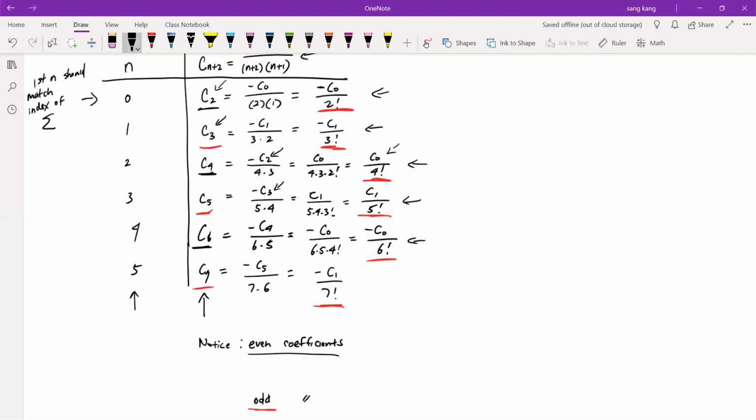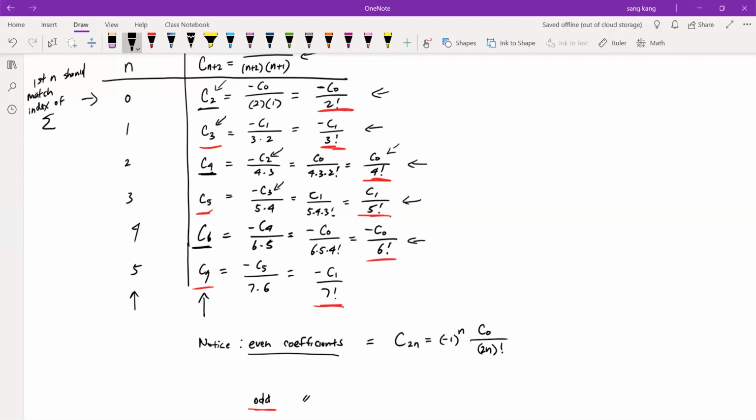So this should be written as C to the 2n, since it's even. This should equal negative 1 to the n to alternate signs. They're all in terms of C0, and the denominator are even number increments of factorials, right? So it'll be 2n factorial, right?